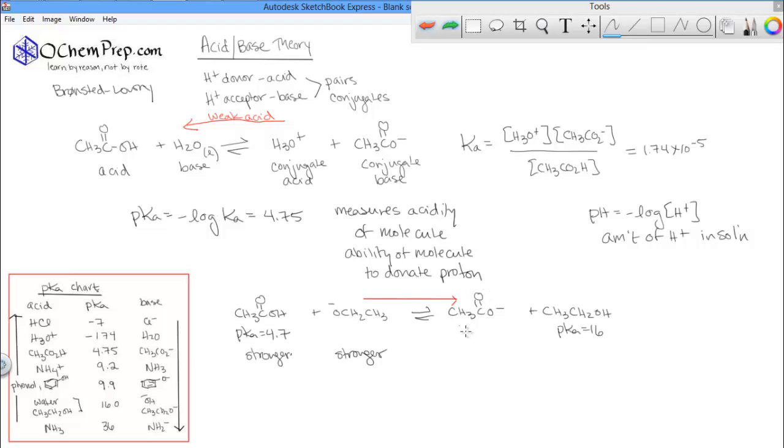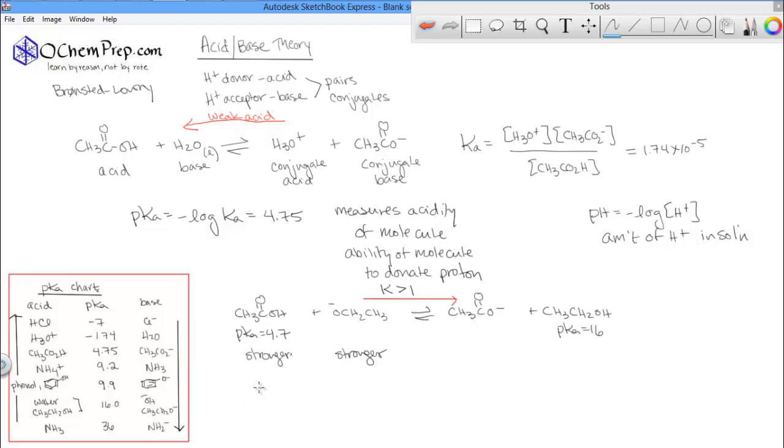Because this reaction has the products favored over the reactants, this reaction has a K value greater than 1. So in other words, this reaction will go this direction, forward. So if you look over at this chart, acetic acid will be able to donate a proton to ethoxide, the conjugate base of ethanol.